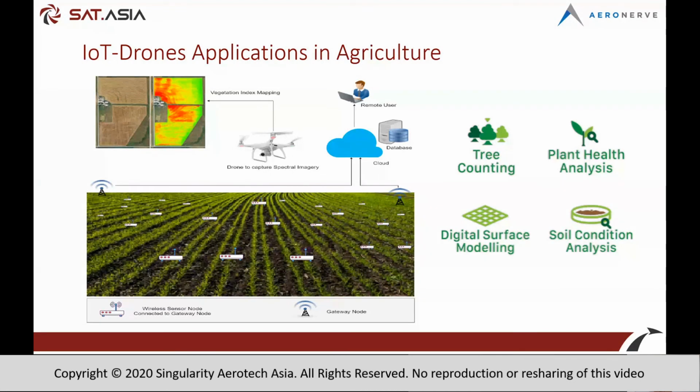Something called wireless sensor node, meaning all these sensors are connected to each other. So data that you get from different sensors on the ground, you use it to correlate, and if there is any pattern that goes outside of the norm, you could basically flag that as a focus area.